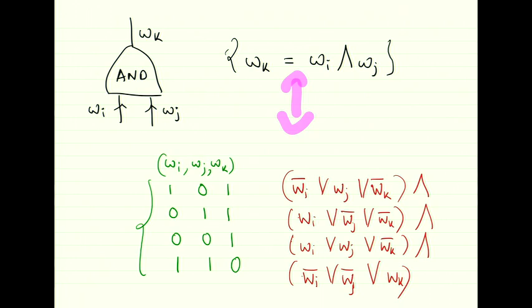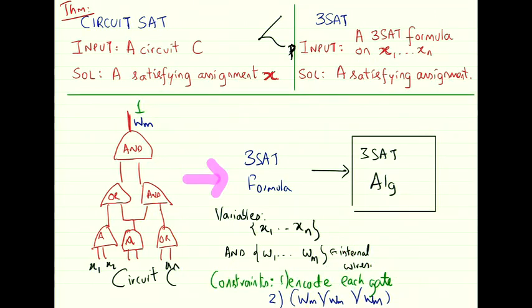All right, let me say one more thing. To complete the proof that 3-SAT is NP-complete, we need to show the following things.